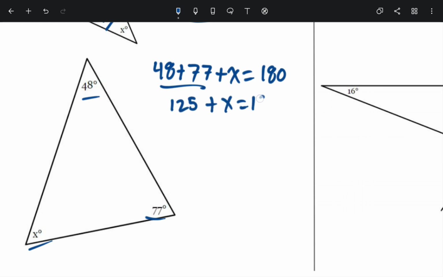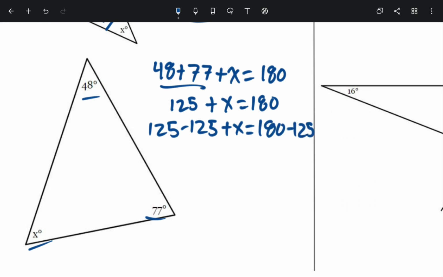Plus x equals 180. Subtract 125 from both sides of the equal sign. That cancels out, leaving us with x equals 55 degrees. So because this angle is 55 degrees, we know this is an acute triangle.